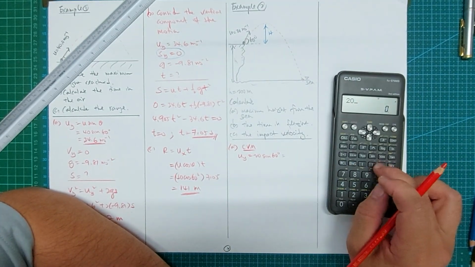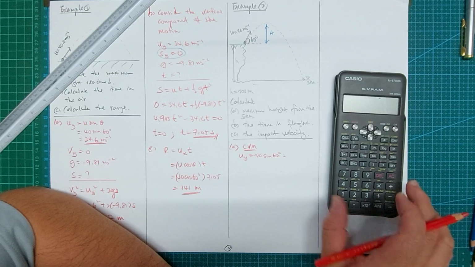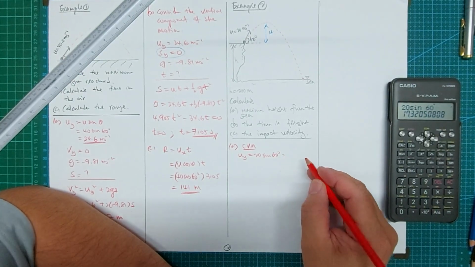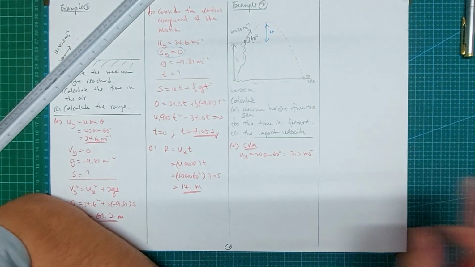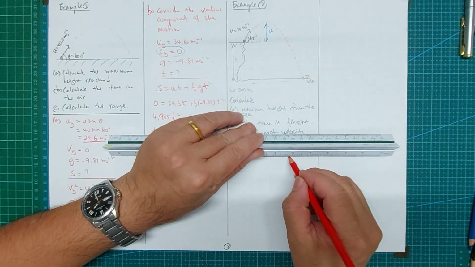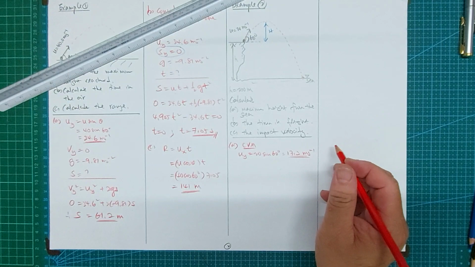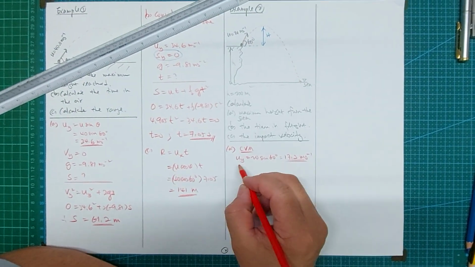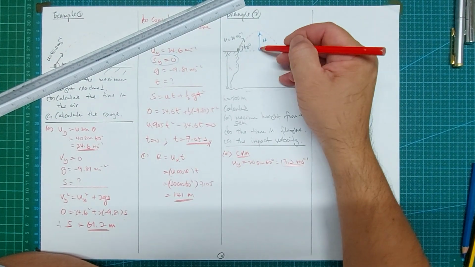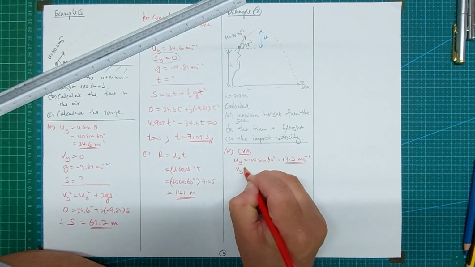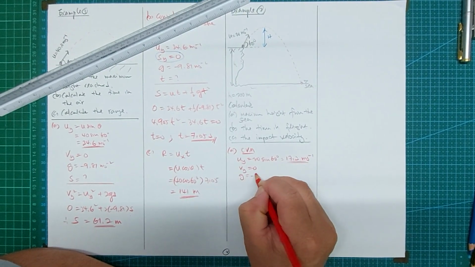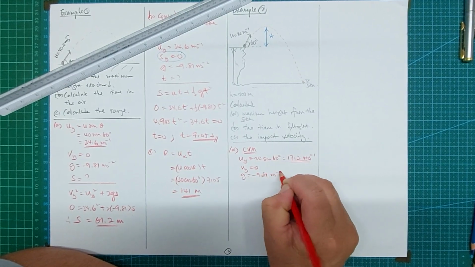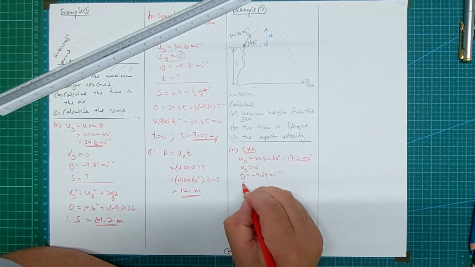Answer 17.3 meter per second. That is our uy. And then we need to consider what? By the time you reach the maximum height, your vy is equal to 0. And then our g, negative 9.81 meter per second squared, and we need to find the s again.